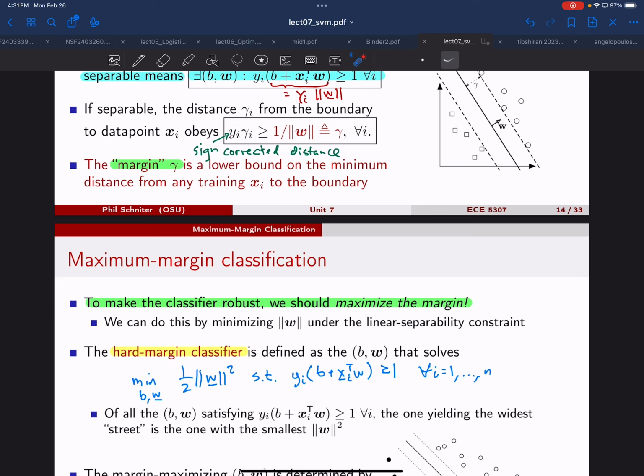Okay, so we design our linear classifier to minimize this, to maximize the margin, to minimize the norm of W, while keeping the data linearly separable. So while keeping the boundary linearly separating all of our training data.